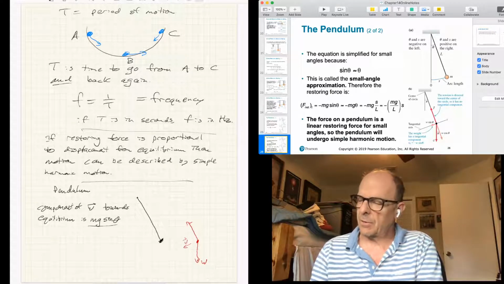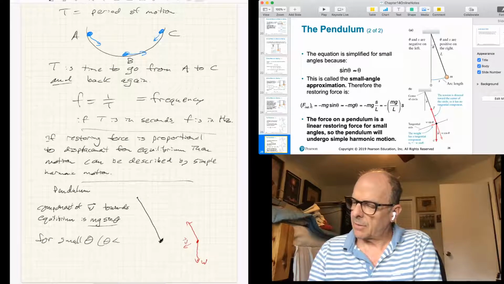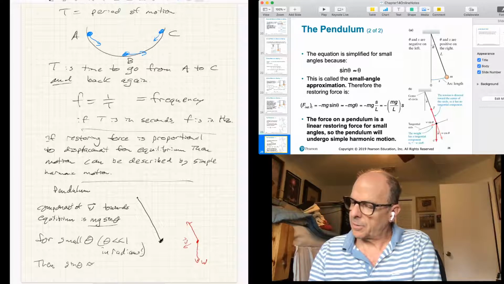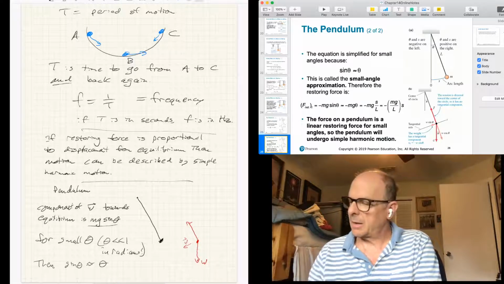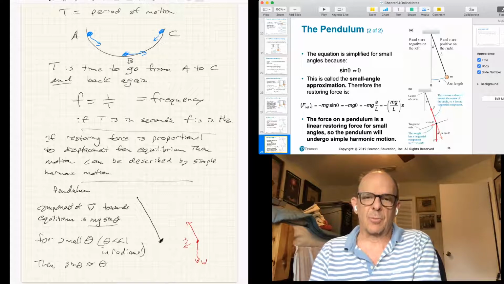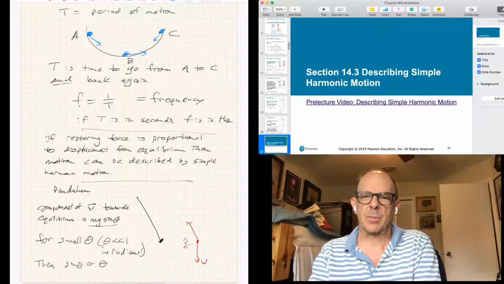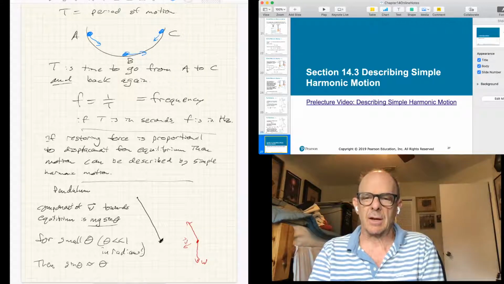In other words, as what's shown here, for small theta, that means theta very much less than 1 in radians, then sine theta is approximately equal to theta, and then the displacement of the pendulum is approximately theta. This sine theta in the restoring force, we can replace it with theta, so then it is proportional to the displacement from the equilibrium. And so we have a simple harmonic motion for a pendulum as long as theta is a small angle.